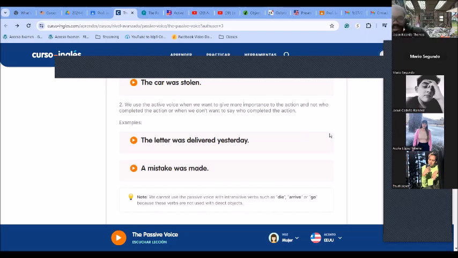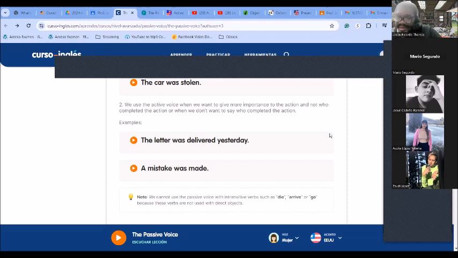Right. Now, if our verb is intransitive, a verb that shows a direct relationship between an actor and the receiver, then we can't use the passive voice. When we have direct objects, we can use the passive voice.